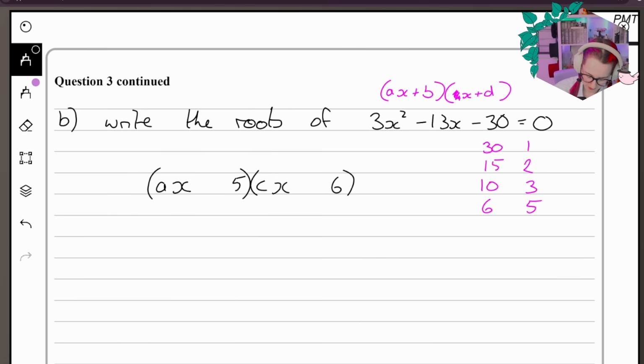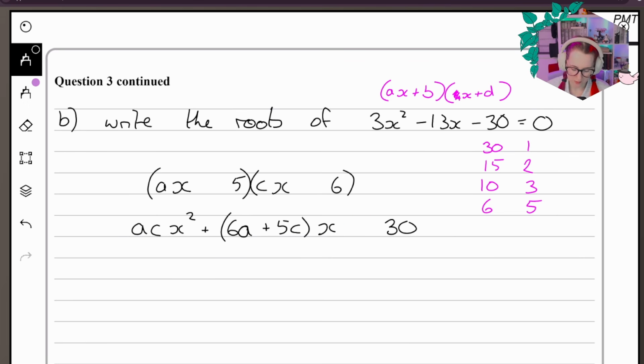But if we expanded this out, we'd have acx squared plus 6a plus 5c x, and then 30. So we know that one of them needs to be negative, one of them needs to be positive, because we want this to be minus 30 here. And then we know that 6a plus 5c.